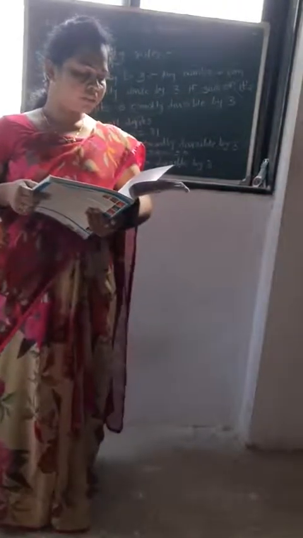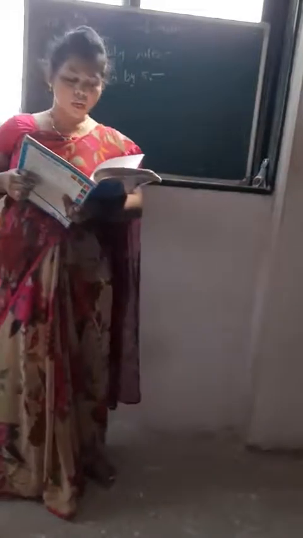Next one is divisibility by 5. Third rule is divisibility by 5.